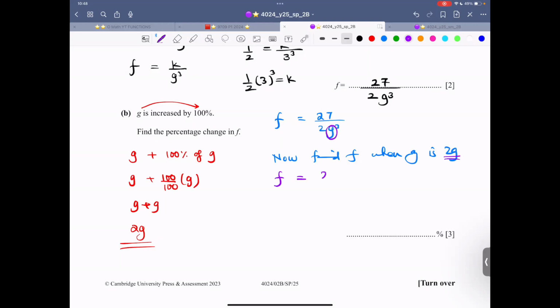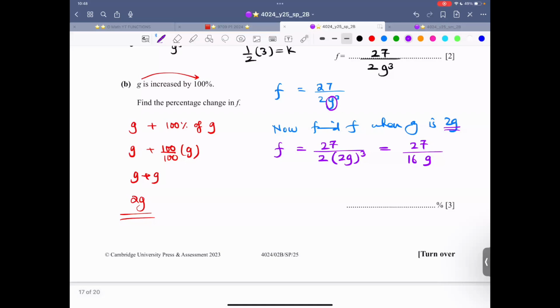So F is 27 divided by 2, which is already there, into 2G, the whole thing cubed. That is 27 divided by 2 cube is 8. 8 into 2 is 16G. Got the idea? Now, if you want to go in the decimal mode, you can do it.